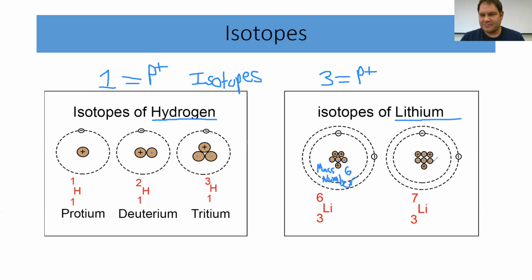Well, what is the mass number of this atom? We count 1, 2, 3, 4, 5, 6, 7. So this has a mass number of 7. So lithium, it looks like, has 2 isotopes, defined again by their number of protons, which is 3, but they have different numbers of neutrons, which results in 2 different mass numbers, lithium 6 and lithium 7. Okay, hopefully that's clear.